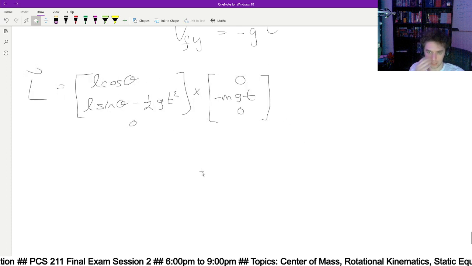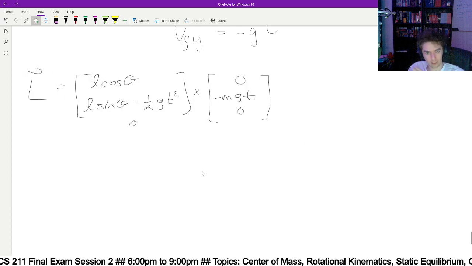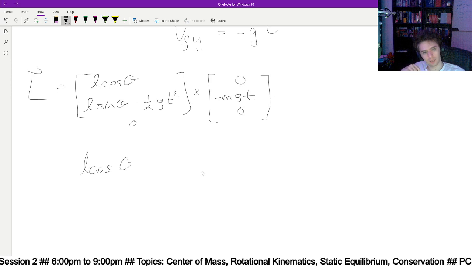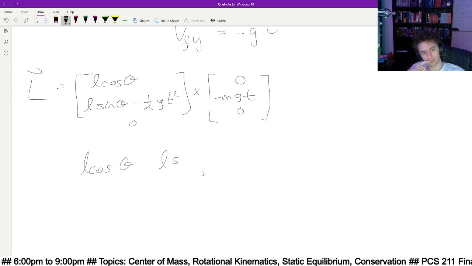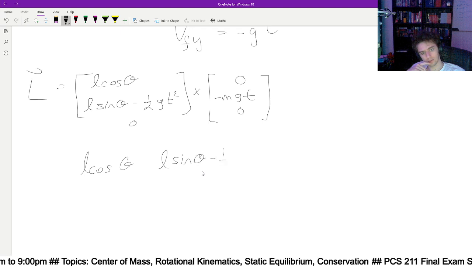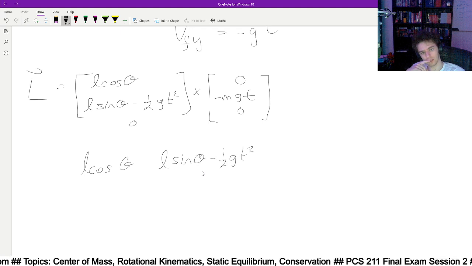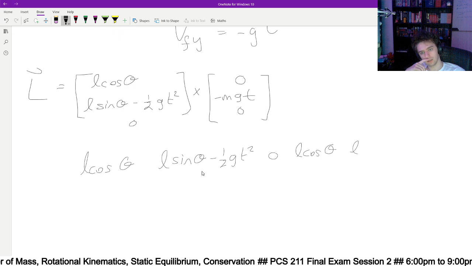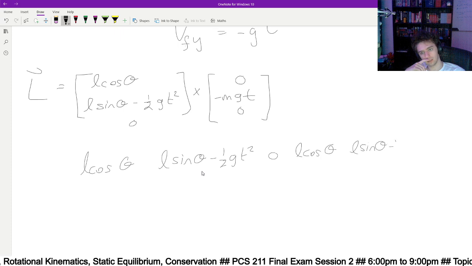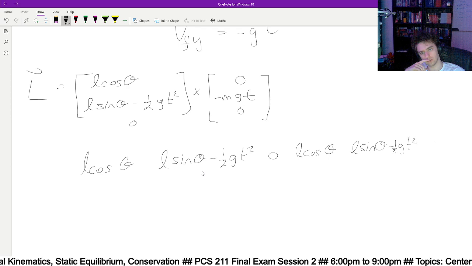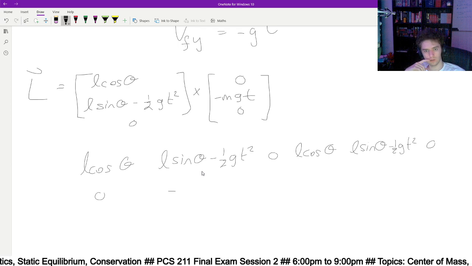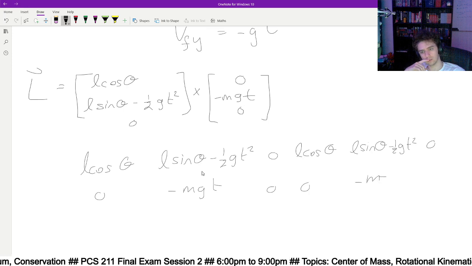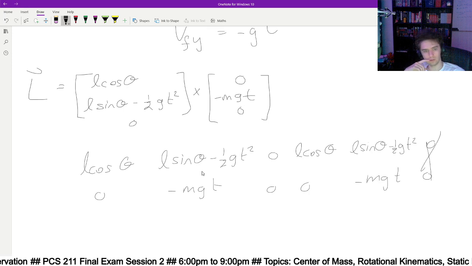If I cross this, it's going to be L cos theta, L sine theta minus 1/2 gt squared, 0, crossed with 0, negative mgt, 0.